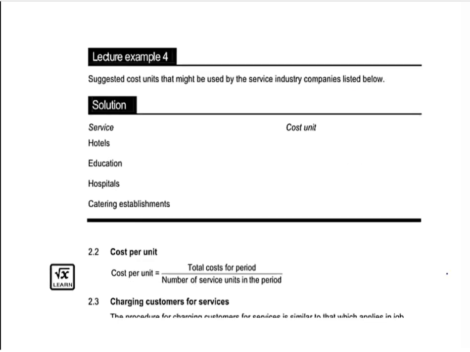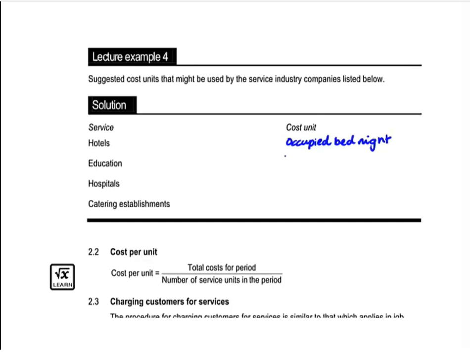As a starting point for costing in the service industry then, although it's difficult, we need to identify what would be suitable cost units. And we've got some examples here then of companies in the service industry that we need to think of cost units for. So for a hotel, it might look at the cost of providing an occupied bed night. So what's the cost involved in providing a night's accommodation?